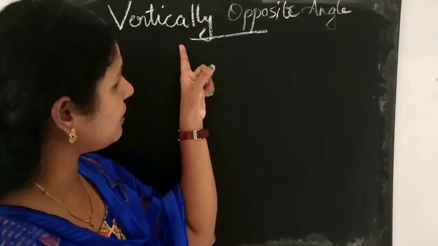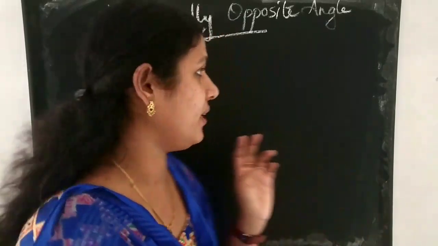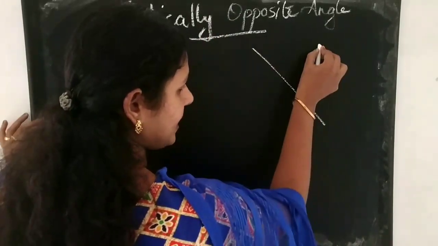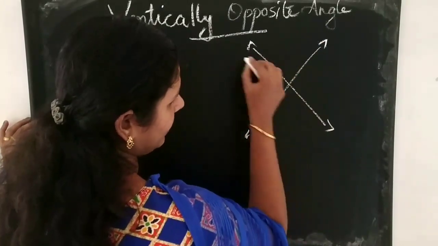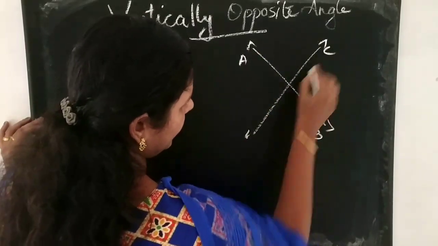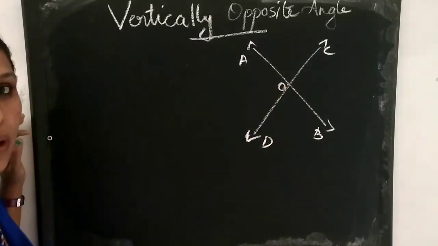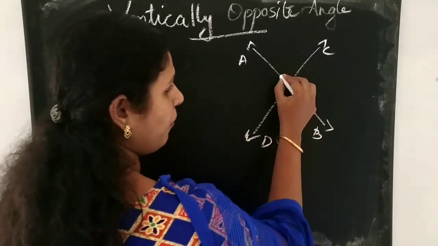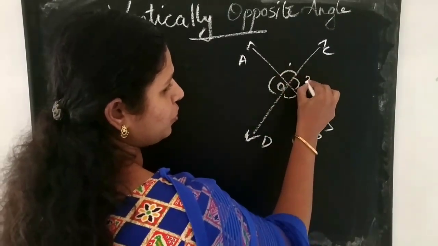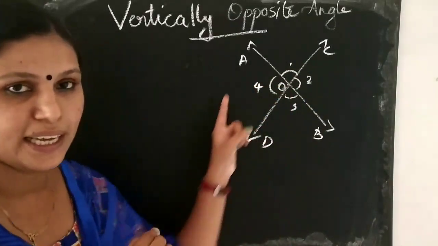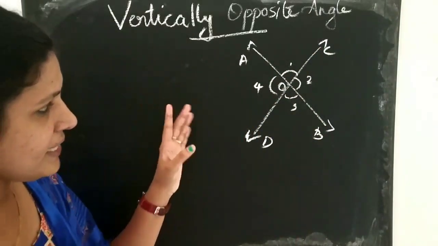Okay, understood. Next is vertically opposite angles. If two lines intersect at a point, we get angles like this. AB and CD intersect at O, and we get four angles: 1, 2, 3 and 4.